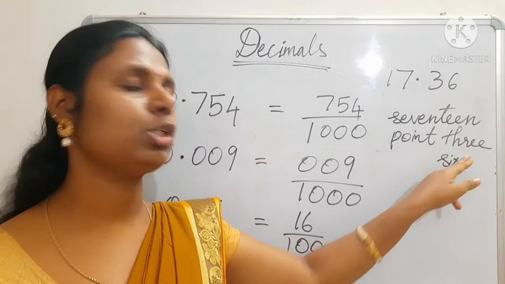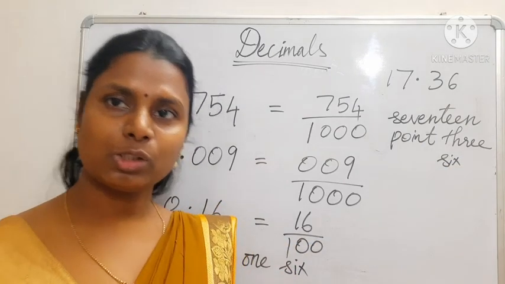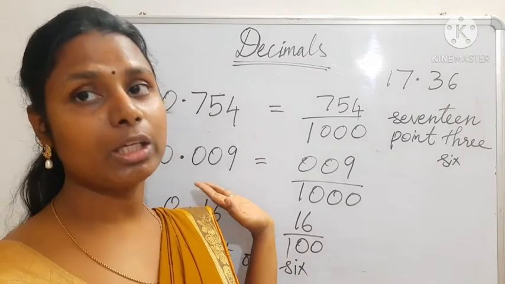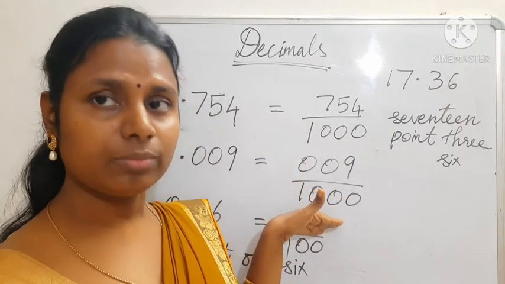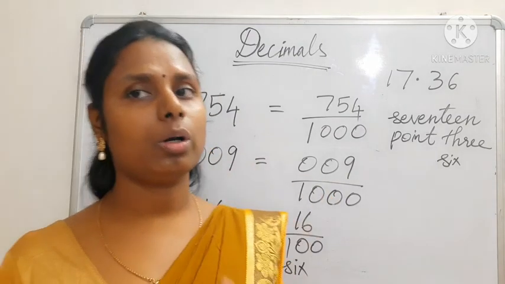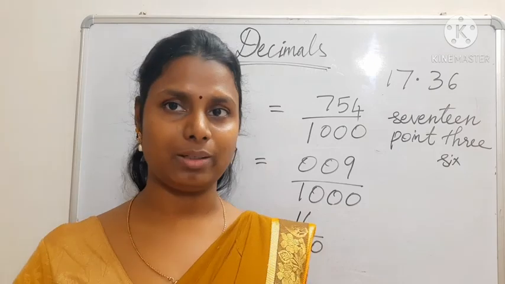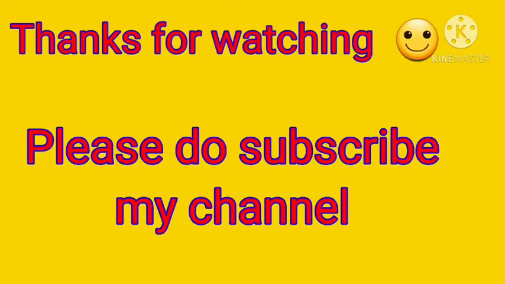The decimal part should be written separately. Have you understood? Number names, converting into fractions, converting fractions into decimals, all these things you must watch again and again to understand better. Thank you.